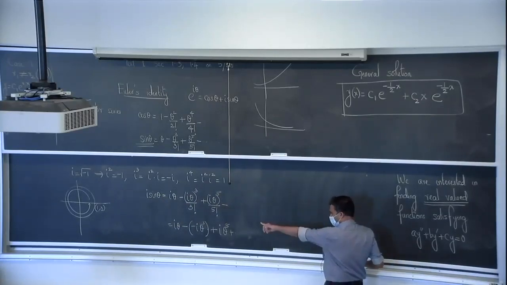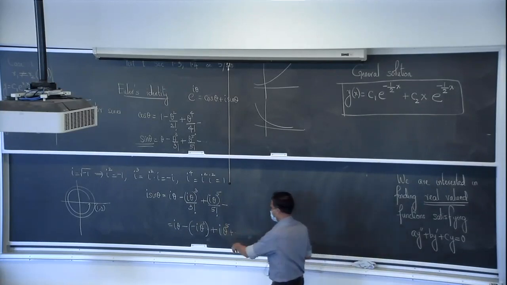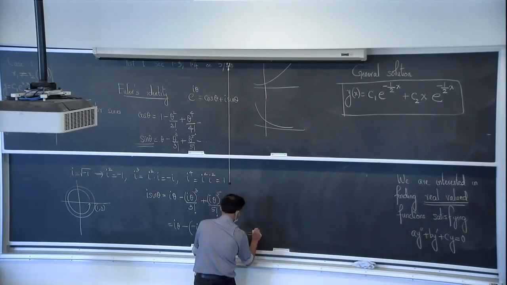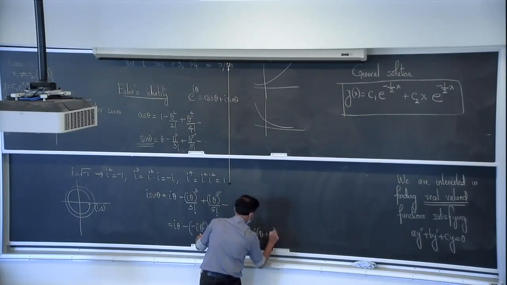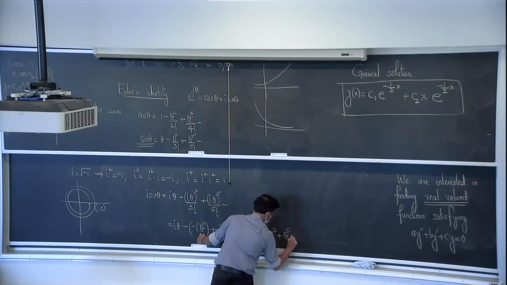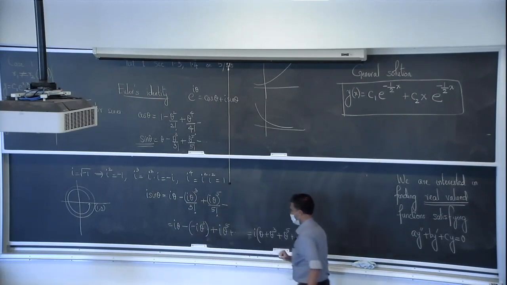The good thing is that the i factors out of all these. So this becomes i times theta plus theta to the power of 3 plus theta to the power of 5, and so on.